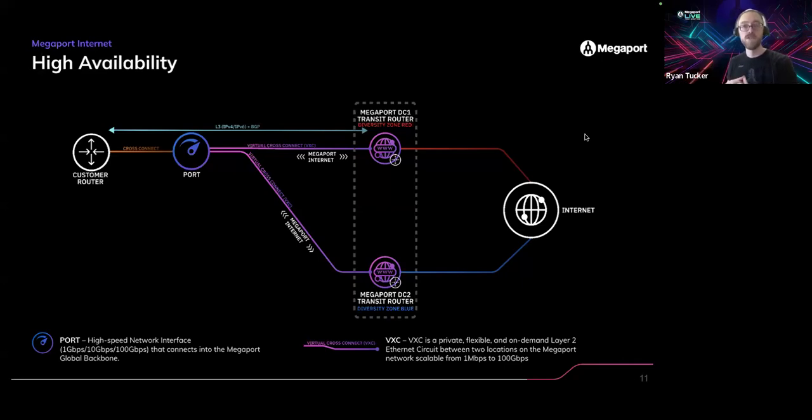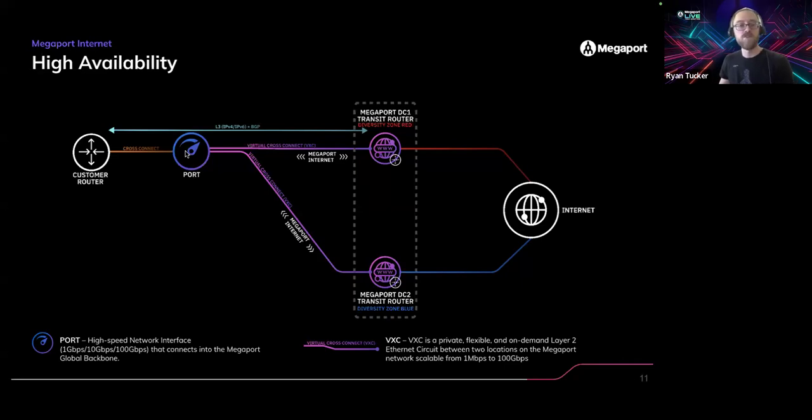You can have two separate internet services that are terminated on two different transit routers, two different, I guess, customer-facing routers on the Megaport side in two different data centers. So that kind of covers you in case there's any types of outages or anything within that Megaport Internet infrastructure. You still do, in this architecture, have a single point of failure in the physical port here.